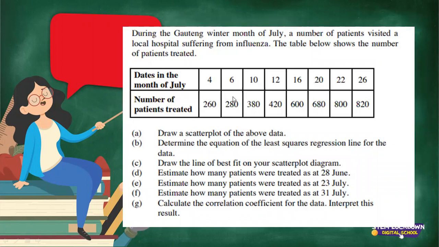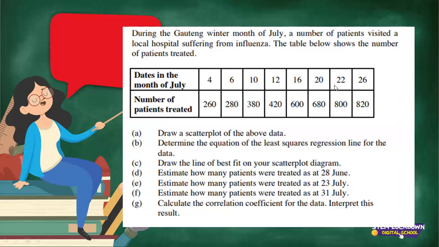To do that, draw a scatter plot with the above data, then determine the equation of the line of best fit, which is y equals a plus bx, and then draw the line of best fit. Then, using your equation, estimate the number of patients that were treated on the 28th of June.